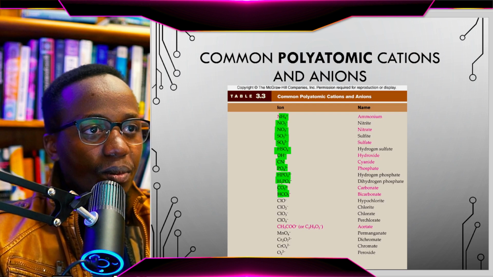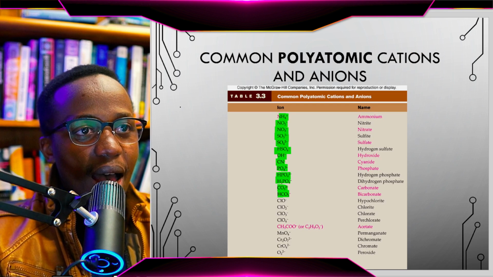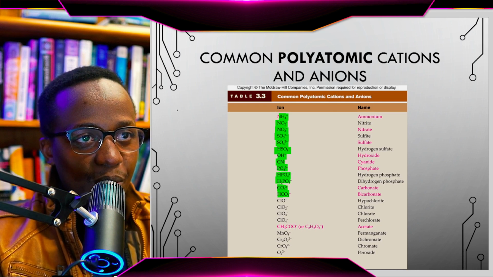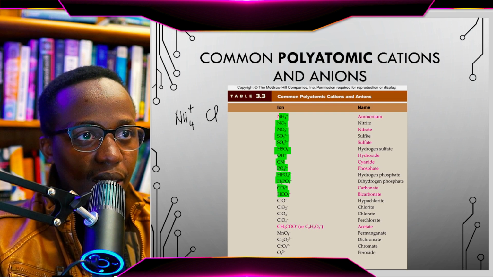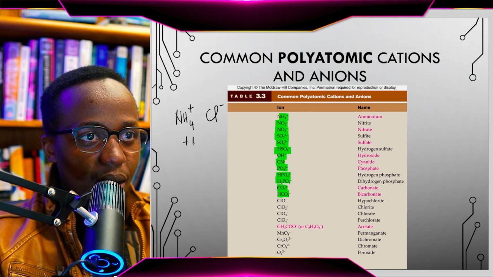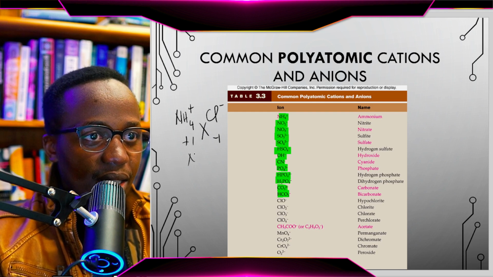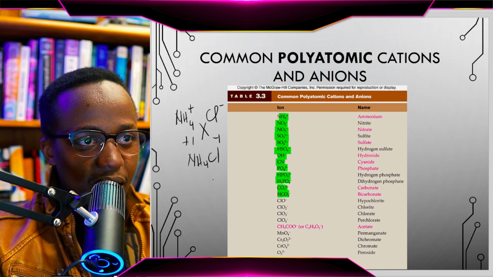So if I ask you to give me a formula between ammonium, NH4+, and chlorine, which is -1, it's going to be +1 here and -1 here, and then you do the cross. This is just NH4Cl. It's a 1-to-1 relationship.